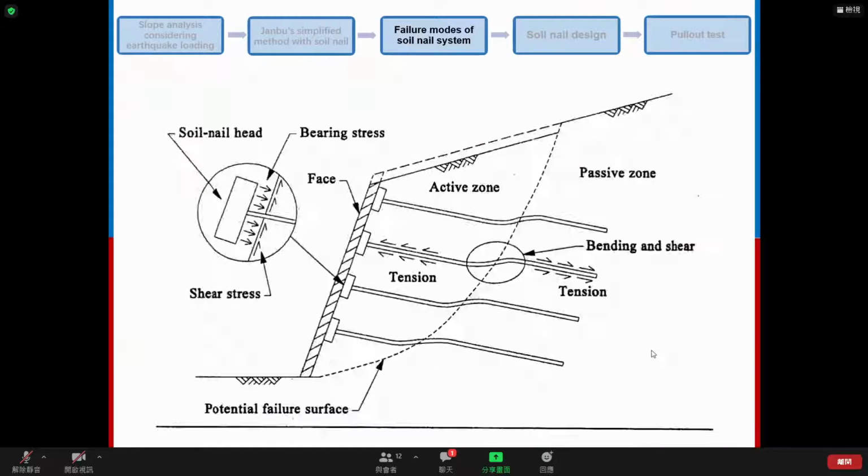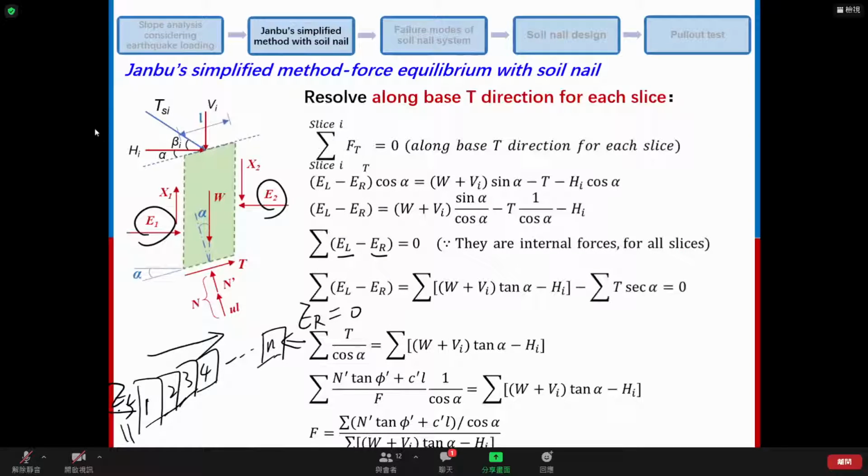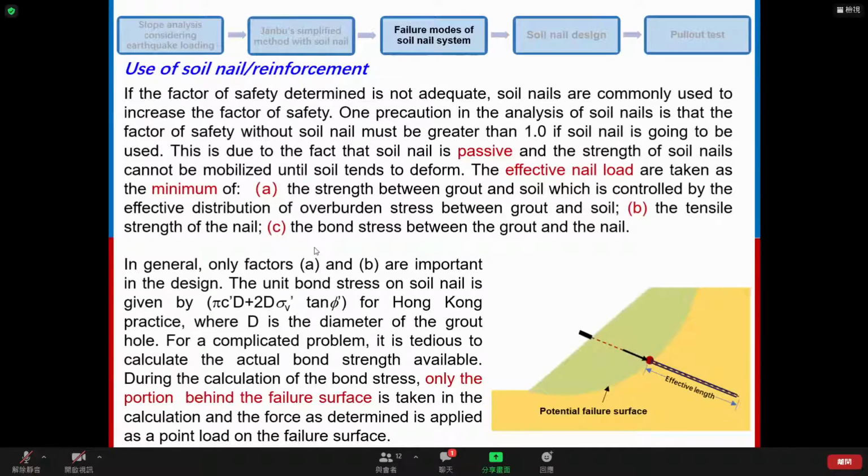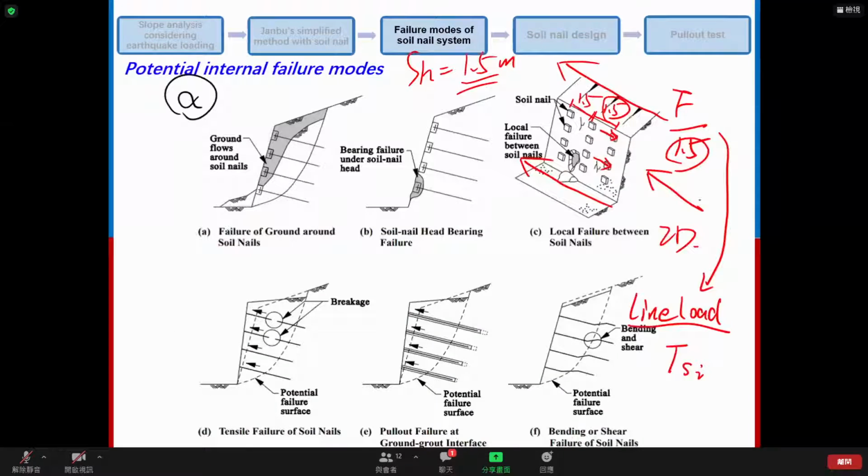For all the TSI here, it is a line load concept, not a force actually. The unit of this TSI is always kilonewton per meter because we always consider a 2D cross section. This drawing is only 2D, right? If we consider the force, it applies in a 3D condition as shown here.